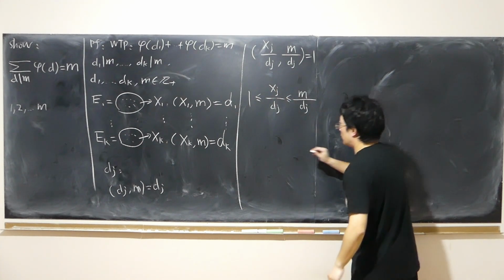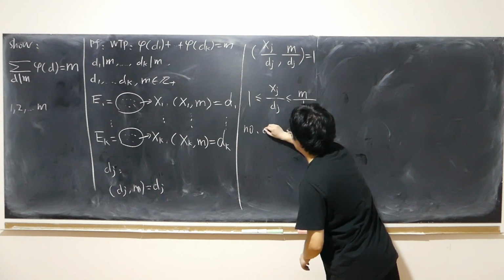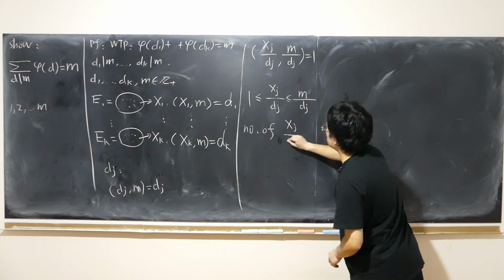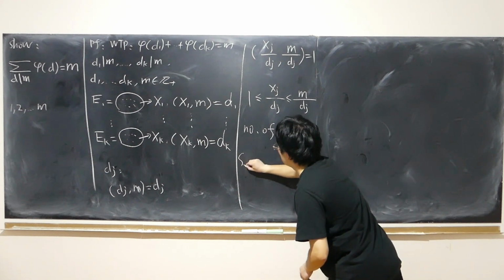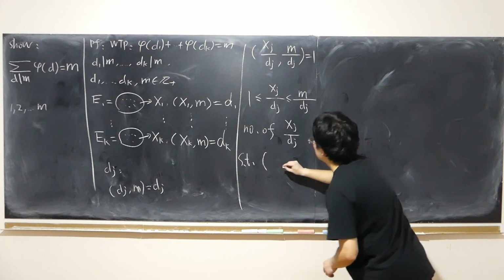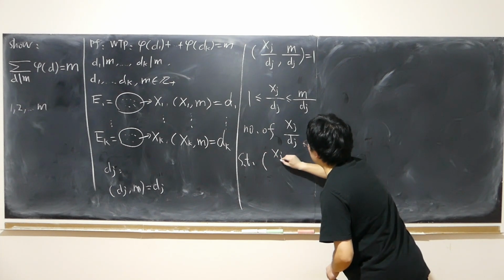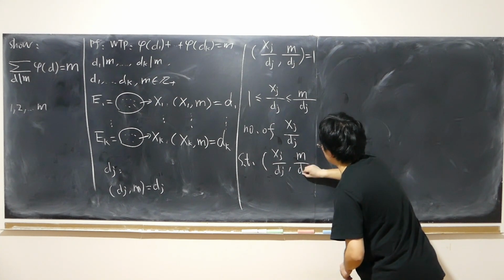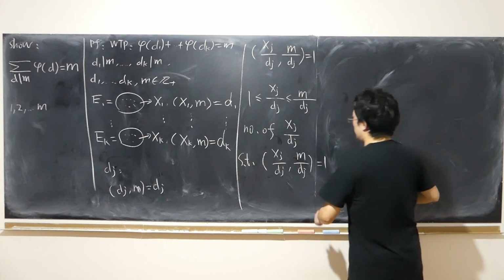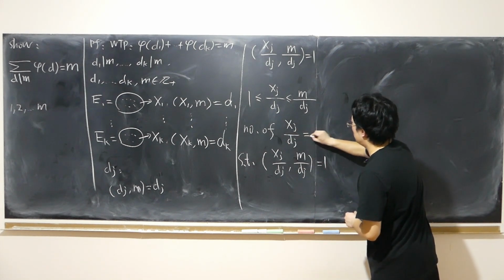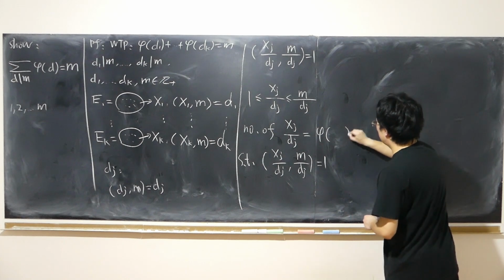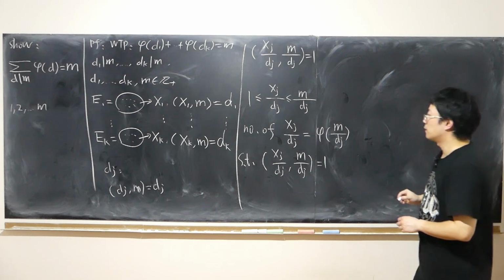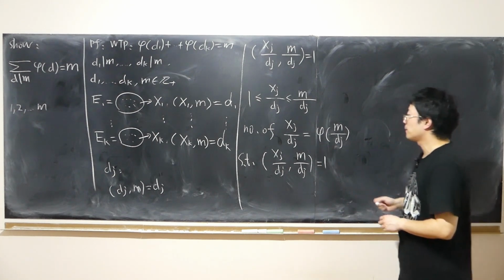So the number of xj over dj so that the GCD of xj over dj and m over dj equals 1. How many of them? Exactly phi of m over dj. This many of them. That's the definition of the Euler totient function, right?